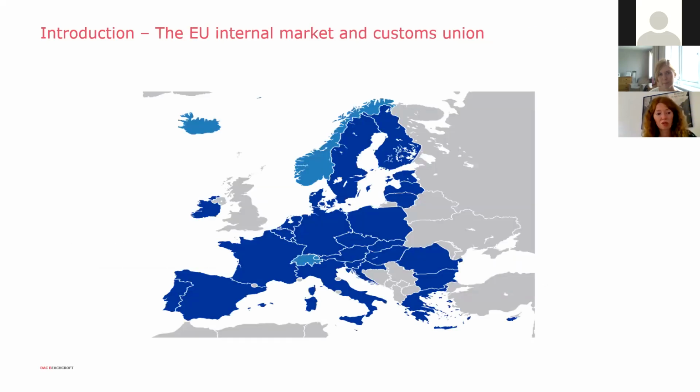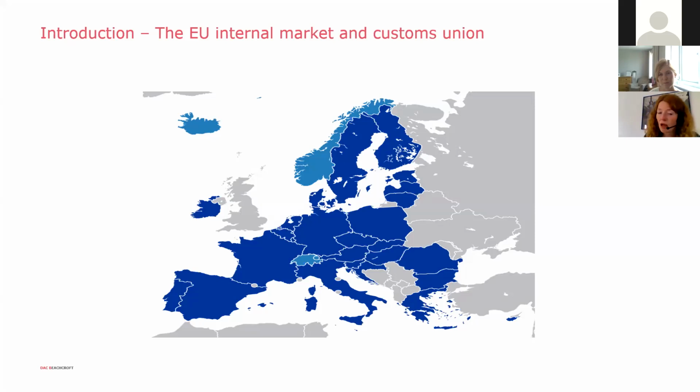The next slide shows what I mean by this in practice. So you see here some light blue countries and some dark blue countries. The dark blue countries, that's the EU and the EU Customs Union. Northern Ireland should, for the time being at least, still be shown here in dark blue, because as I alluded to, Northern Ireland is, for the purposes of free movement of goods, at least for the moment, still treated as being part of the customs union.